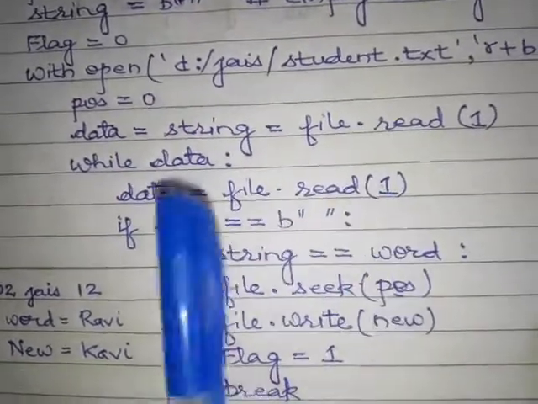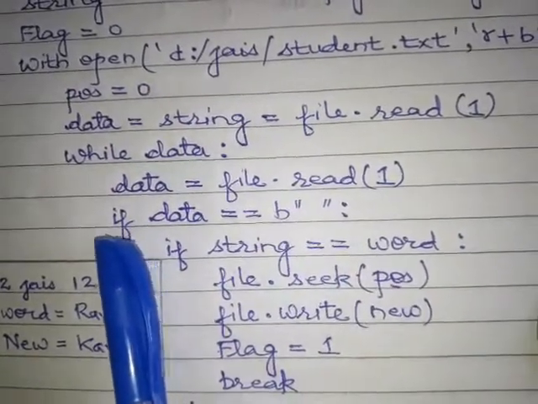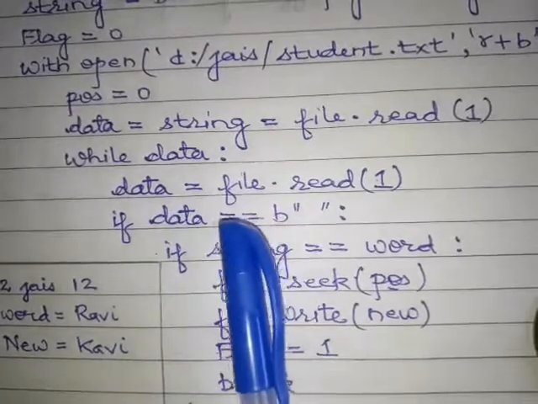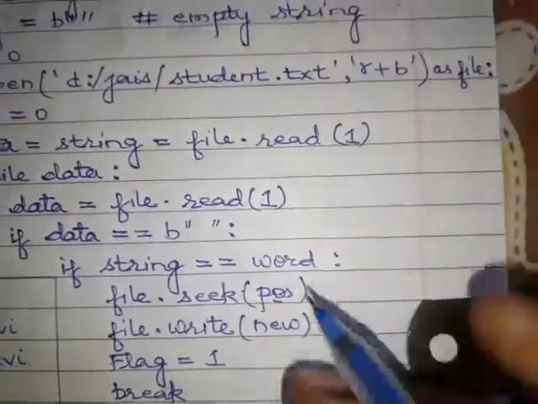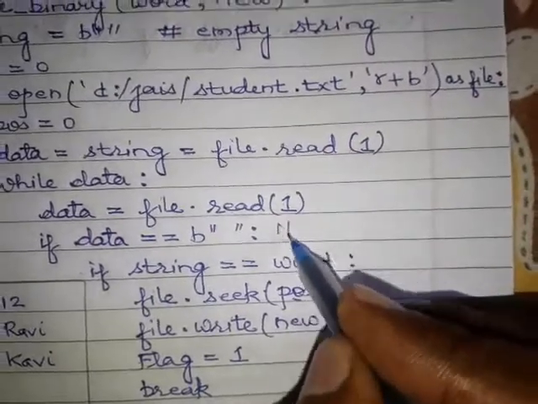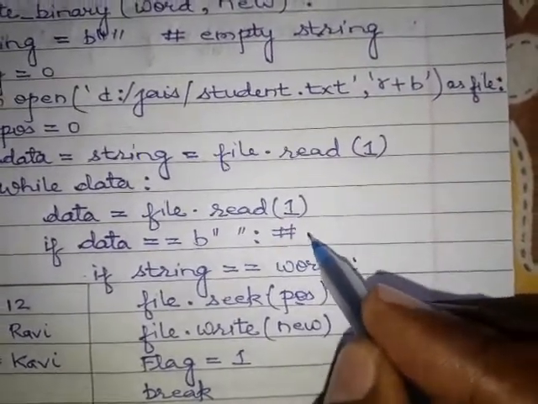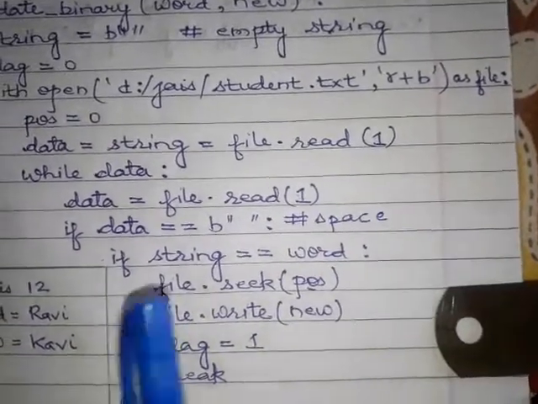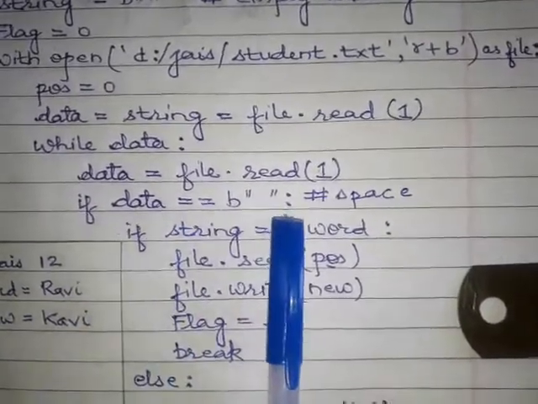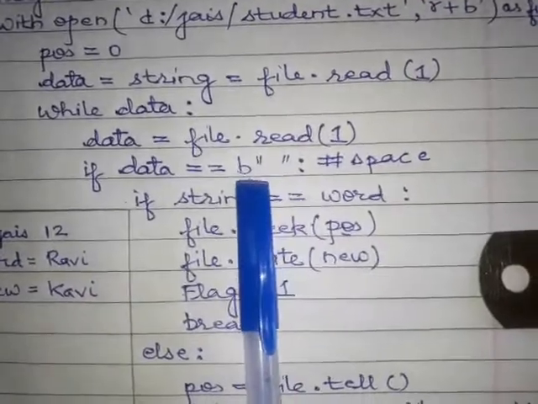Now we will check if data equals binary space. By this we check whether there is any space there or not, because this is space in the binary format.